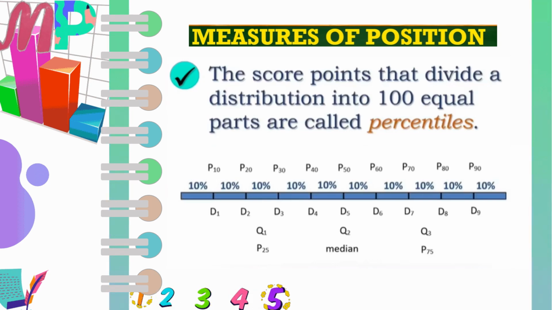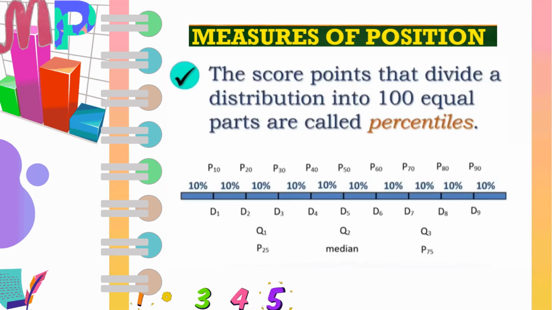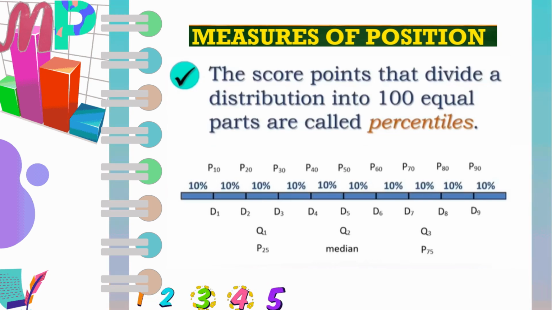Now, let us take a look at the equivalence of these measures of position in this diagram. For simplicity, we presented the 10th, the 20th, up to the 90th percentile instead of showing all the 99 percentile values.